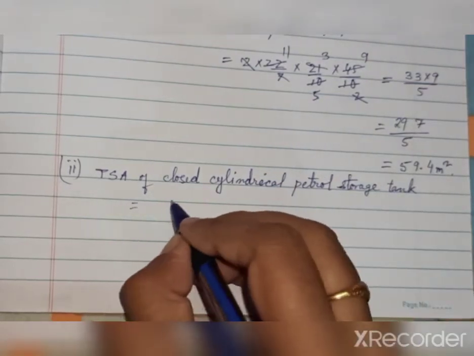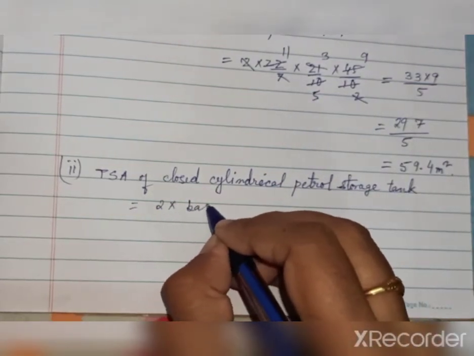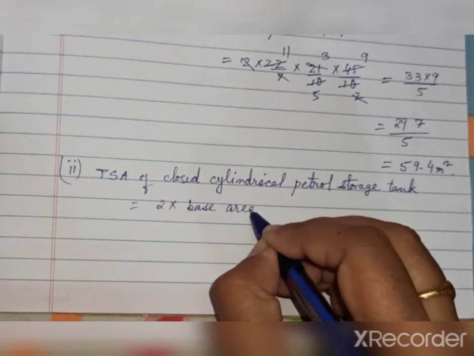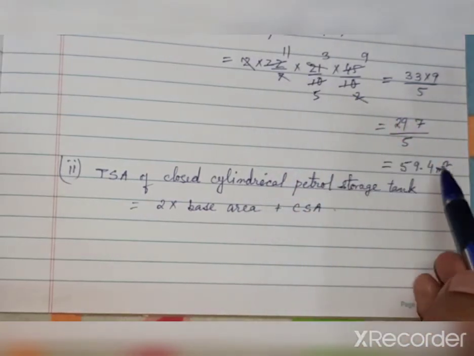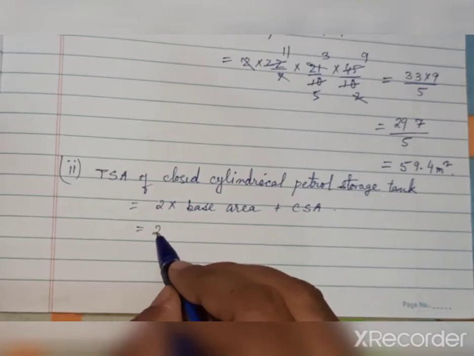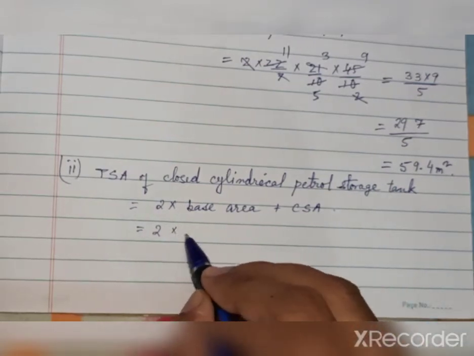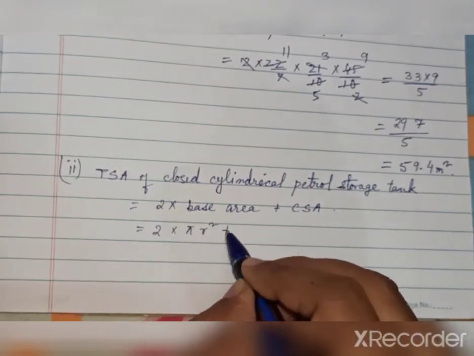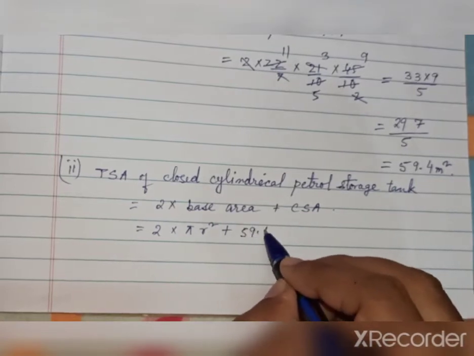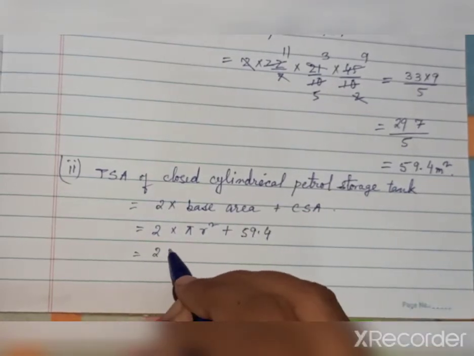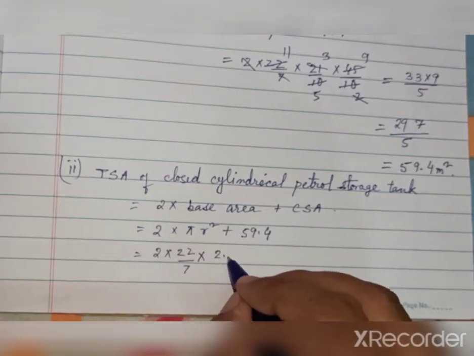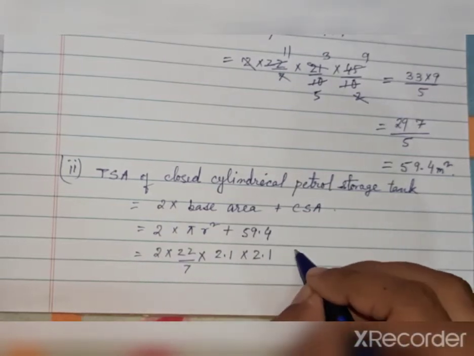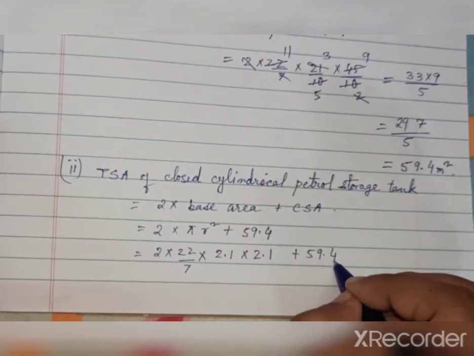And TSA will be 2 into base area plus CSA, because already we have found the CSA. So base area is pi r square, so 2 pi r square plus CSA 59.4. So 2 into 22 by 7 into r square, that is 2.1 into 2.1, plus 59.4.